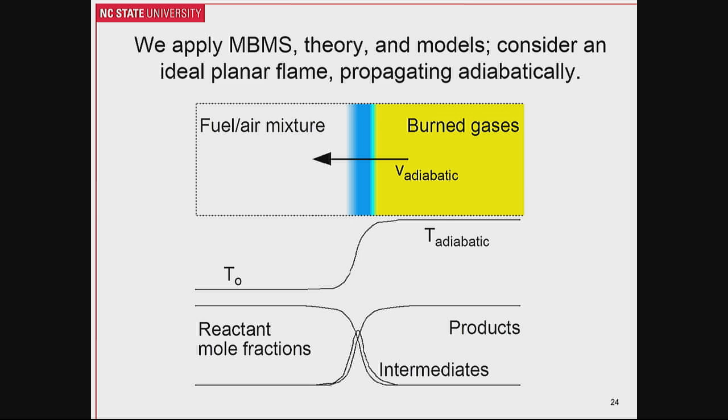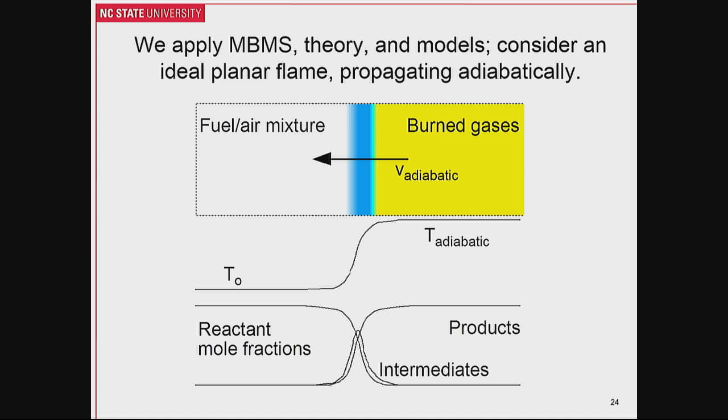What would happen is that you'd see a sheet moving across here, a sheet of flame moving across, and if we stop and look right now, we would see that on this side it's unburned gas, here it's burned gas. The temperature rises up to a high temperature. Remember, we're saying adiabatic.